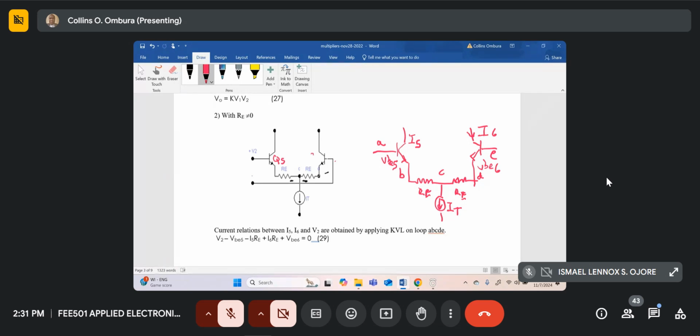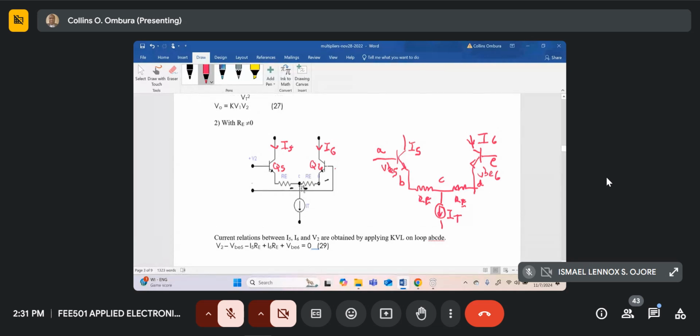This is our transistor Q6. And the collector currents are I5 and I6. Now you can see the emitter resistances are there. The emitter resistances are not equal to 0. So the emitter resistance is RE.